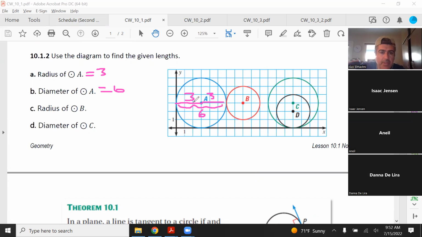Radius of circle B, clearly that's 2. Diameter of circle C, this whole thing here, that's going to be 6. So, yeah, that's all. Not that hard. Any questions with that one? We're A-okay? All right, cool.